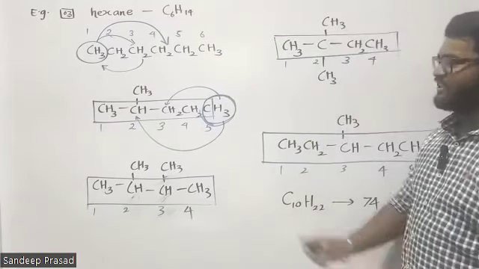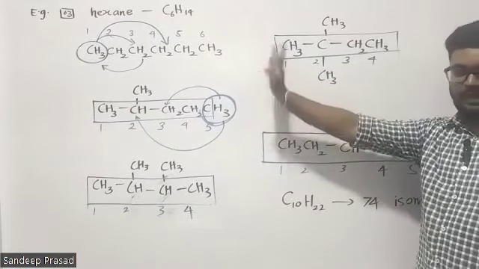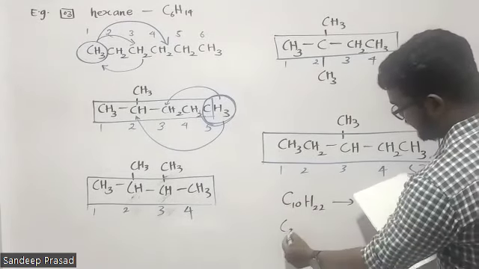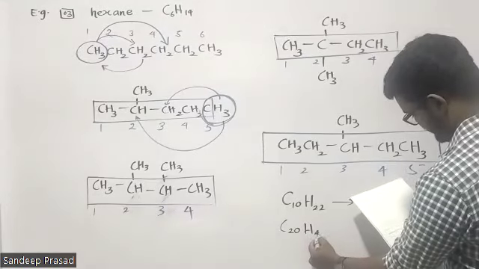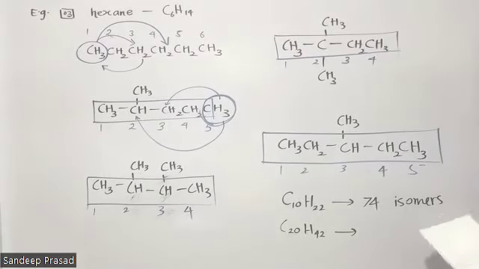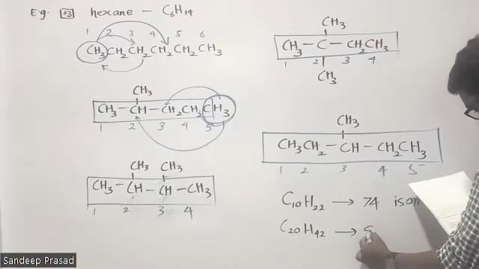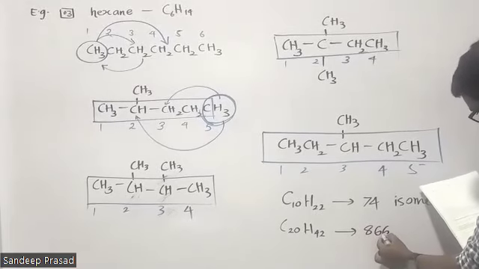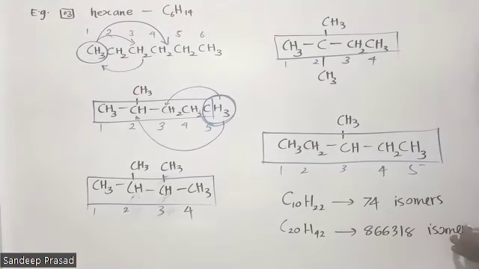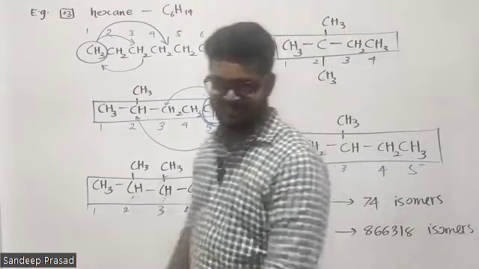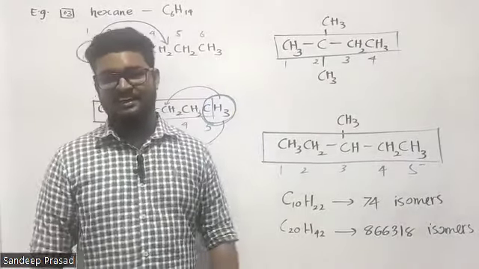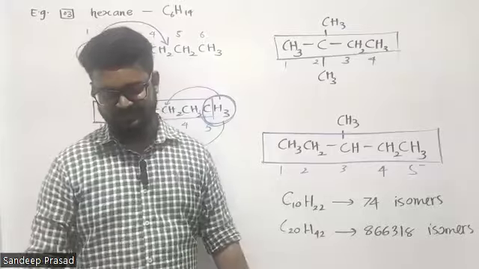Therefore, in the examination they won't give much, only up to hexane. If there are 20 carbon atoms, just imagine how many structures there are. In your resource book, they have given 866,318 structural isomers. You could draw these structures in your lifetime.